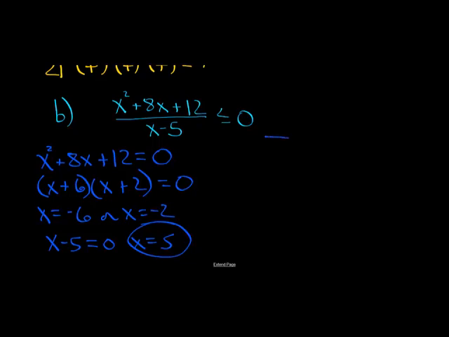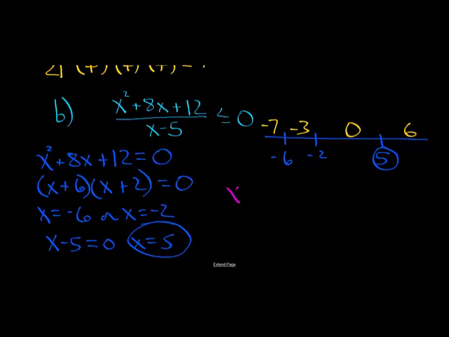So make a little number line here. And I've got -2, I've got -6, and I've got 5. I'm going to circle 5 so I don't forget. And then what I want to do is pick test values. So I'm going to pick a -7, a -3, a 0, and a 6. I'll pick those numbers to test.